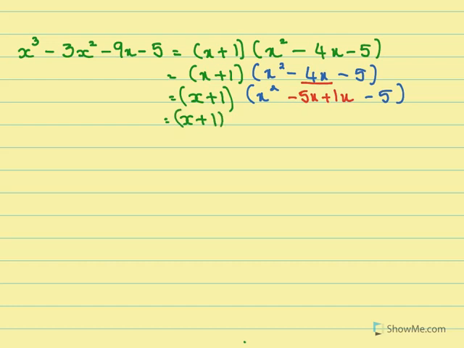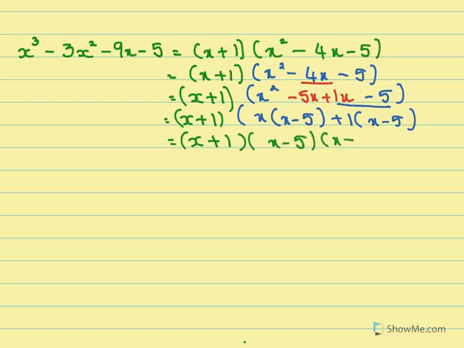So here equal to x plus 1. We take x common out, what will remain here is x minus 5, here plus 1 common out from these two. What remains is x minus 5. So you have x plus 1, x minus 5, and x plus 1. So we've got three factors of the polynomial.